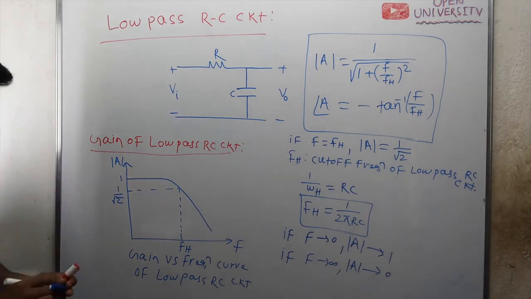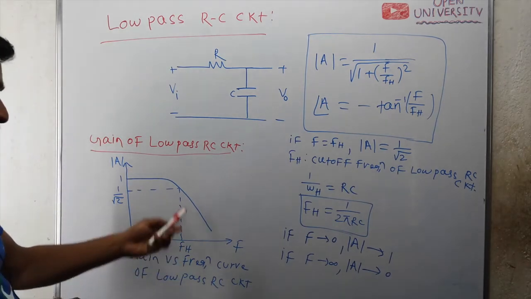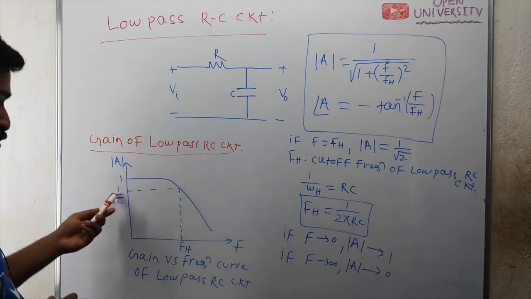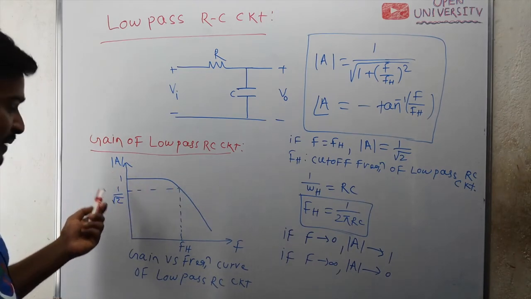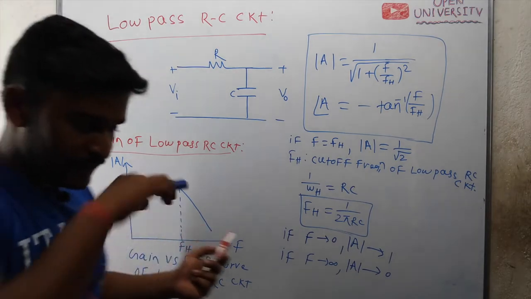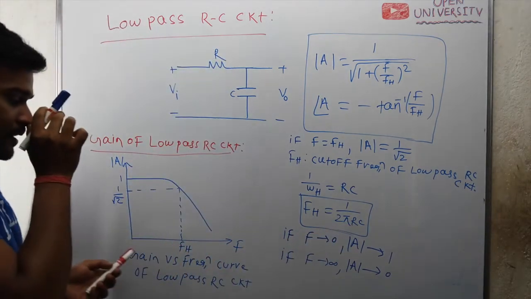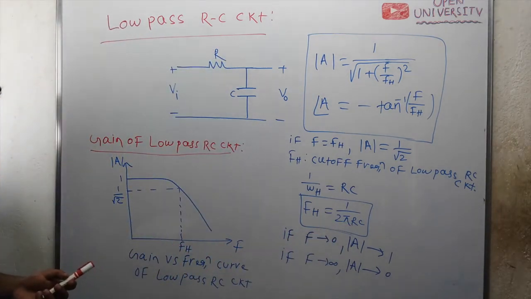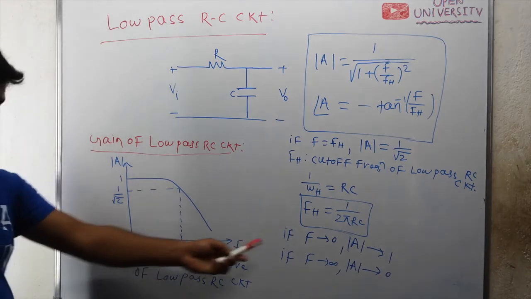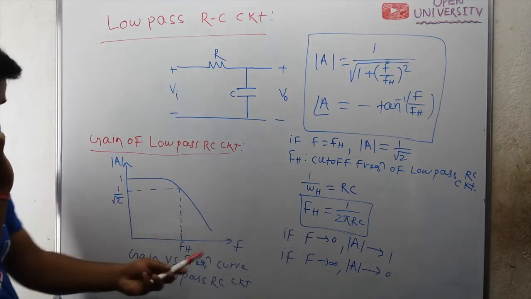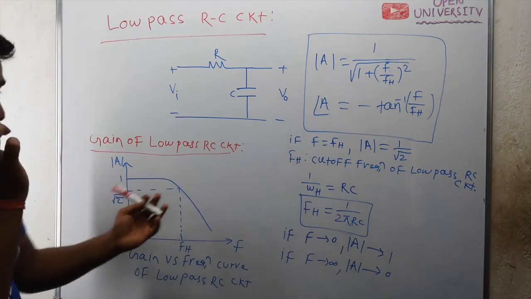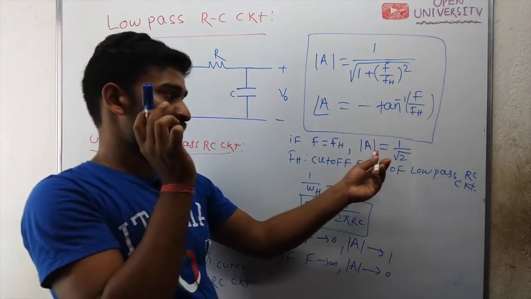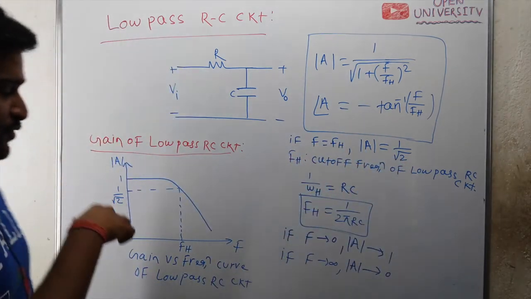What is basically cutoff frequency? The frequency at which gain becomes 1 by root 2 times maximum gain. 1 by root 2 times maximum gain is 1, is called the cutoff frequency. So fh is the cutoff frequency, because at f equal to fh, magnitude of gain becomes 1 by root 2.